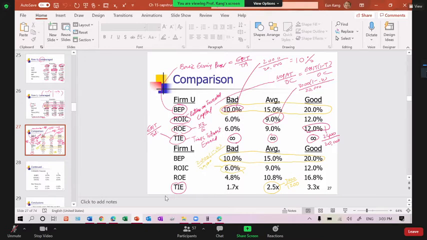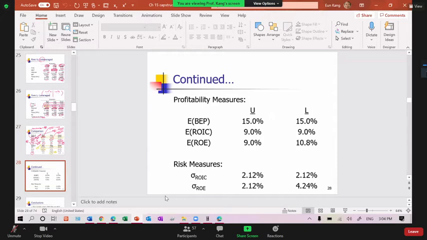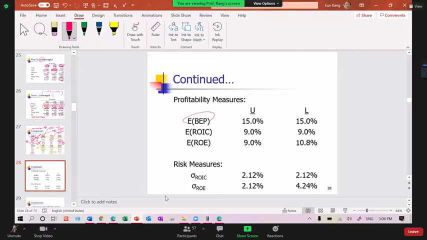So this is a summary of our exercise. When you calculate BEP, basic earning power, ROIC, return on invested capital, ROE, return on equity, and TIE, times interest earned, you can summarize it in this table: expected BEP, expected ROIC, expected ROE, and risk measures, standard deviation.